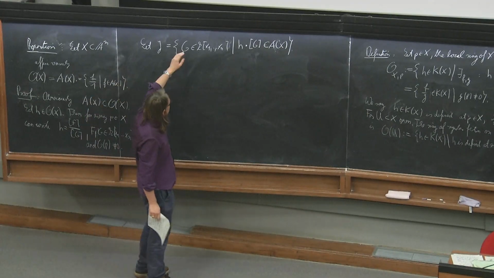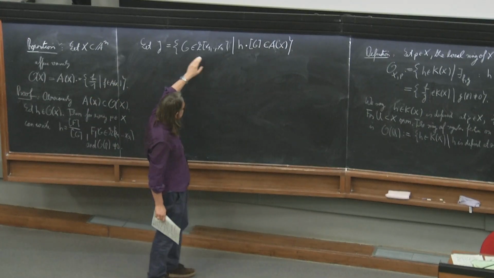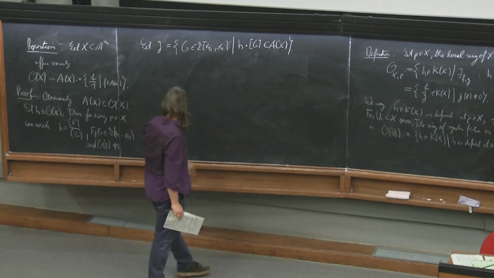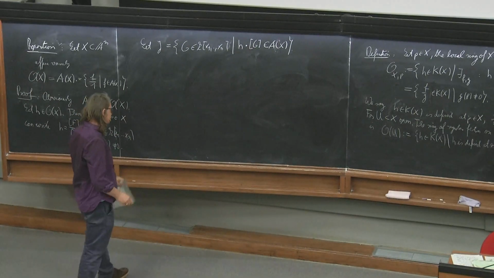So these are all G which we can take as denominators for H in such a representation.